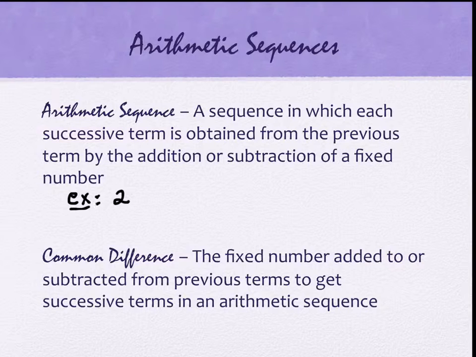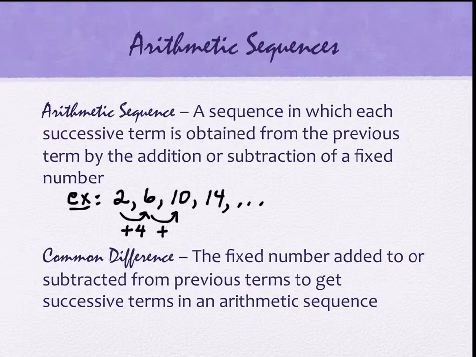So if we have the numbers 2, 6, 10, 14, and then it just went dot, dot, dot. What's the pattern? The recursive pattern, the formula, if you will, is that we're adding 4 each time to get the next term.